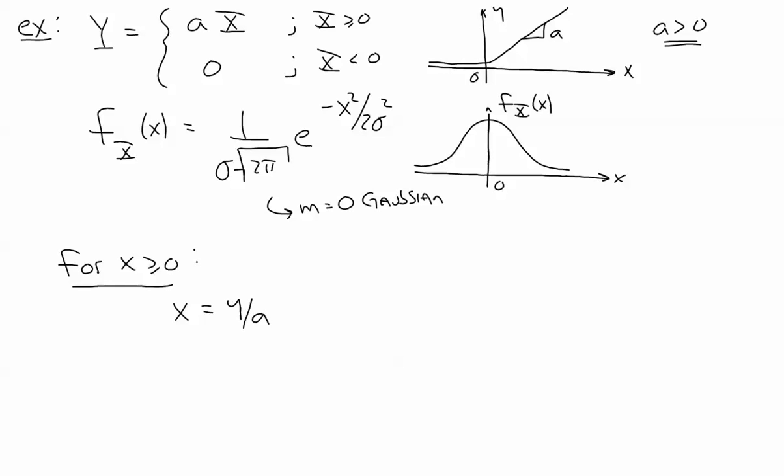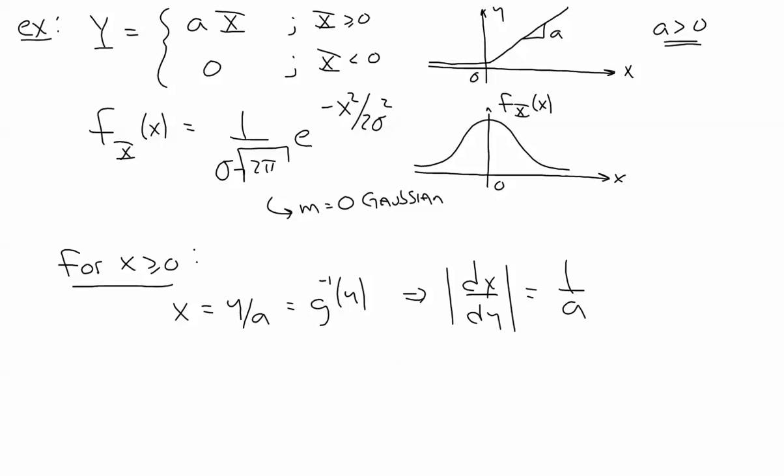That's my G inverse. And my absolute value of dx dy is just 1 over a. I don't have to worry about keeping up with absolute value signs because I've assumed that my slope is positive.